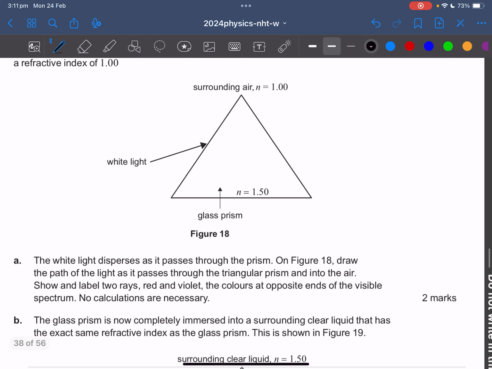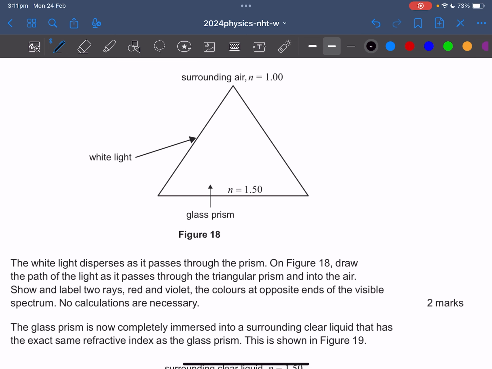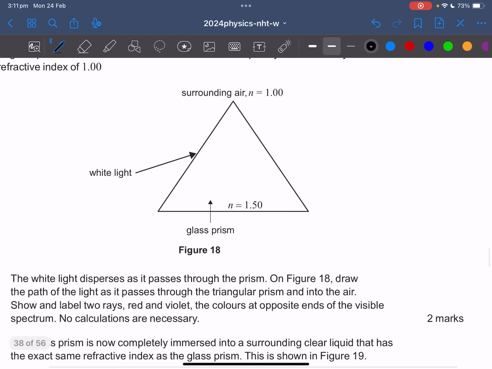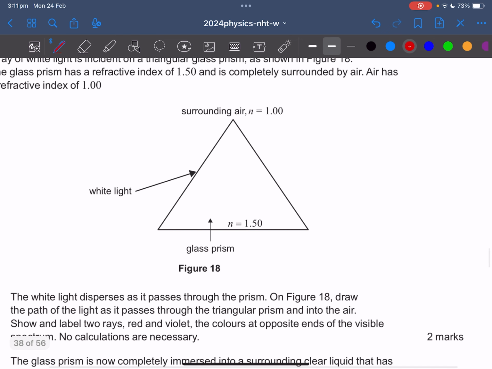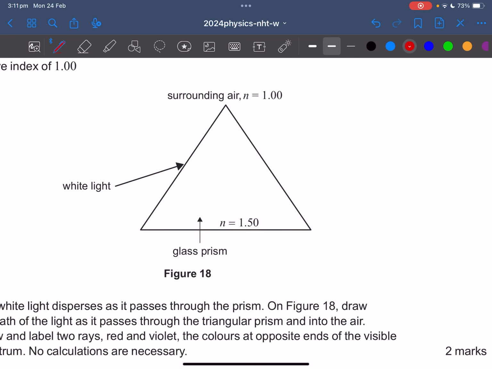Alright, so we just have to draw the rays of red and violet. Red will bend the least and violet will bend the most. So we can do it like that and like that for red.